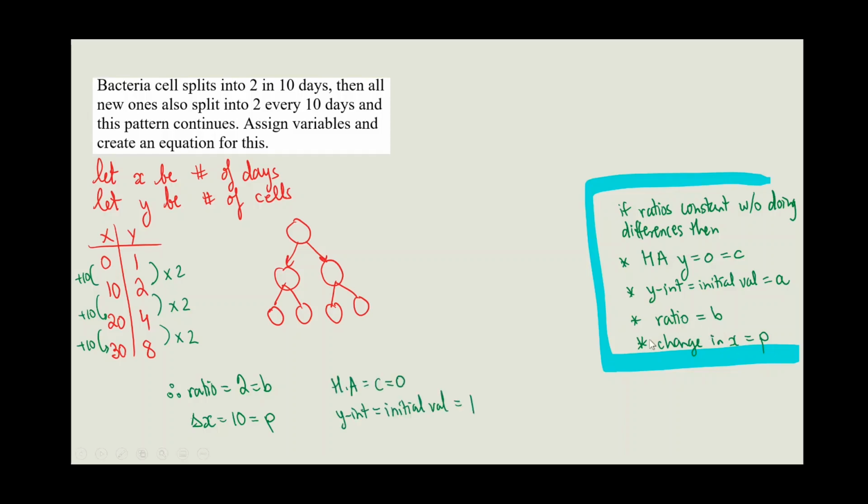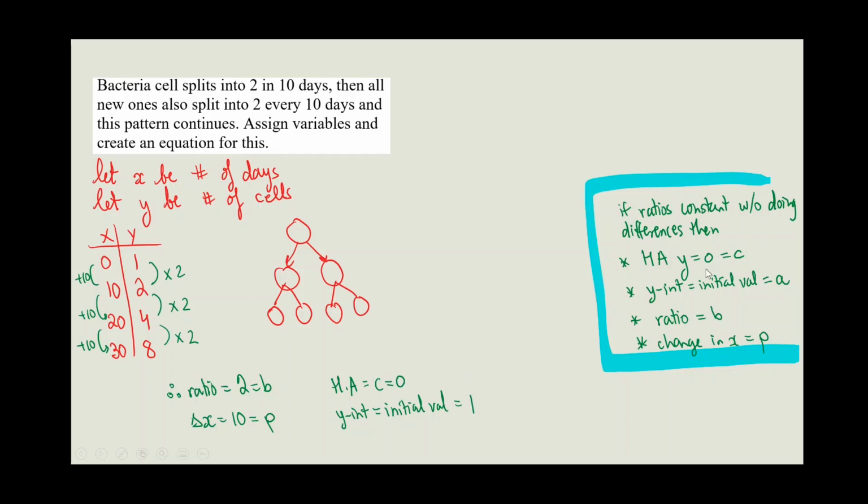Now, because the ratios are constant right away without us doing first the differences, the horizontal asymptote is 0, and actually most of the questions you're going to have in a university level course will mostly have horizontal asymptote at 0.